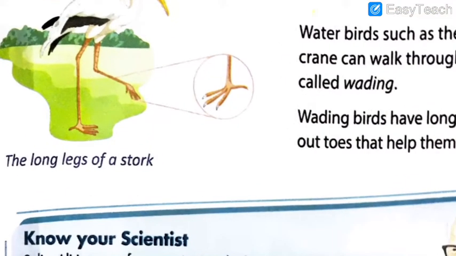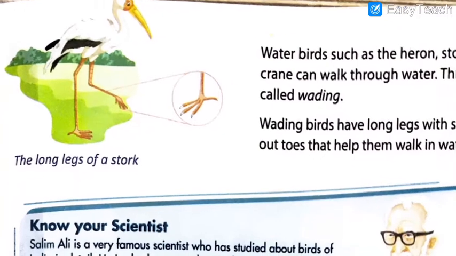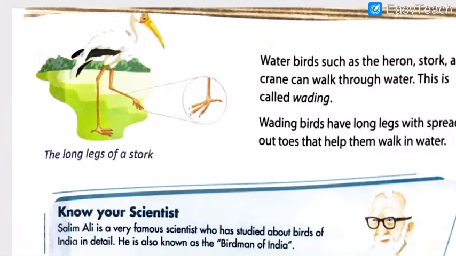So they can easily maintain their balance and their grip in the water. As you can see, three toes are pointing towards the front and one, a kind of thumb, is in the backward direction. They can easily maintain their grip and balance and walk in the water because of their toes and the long legs.